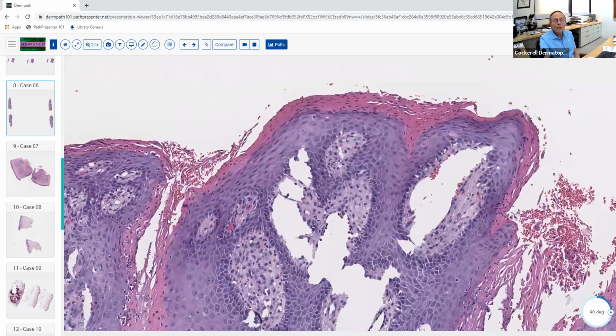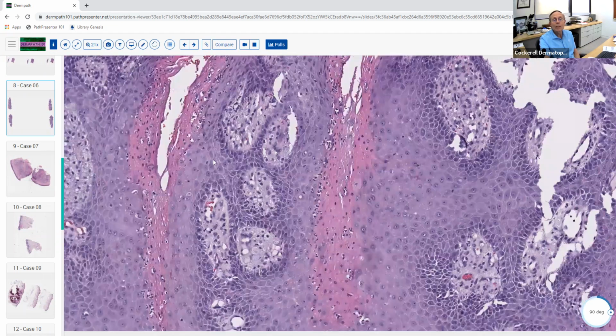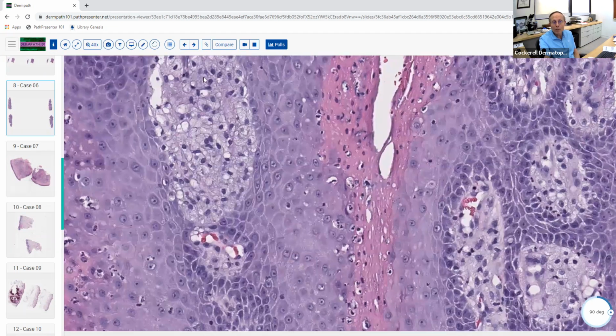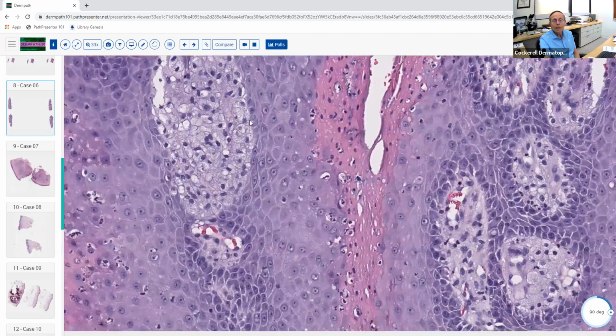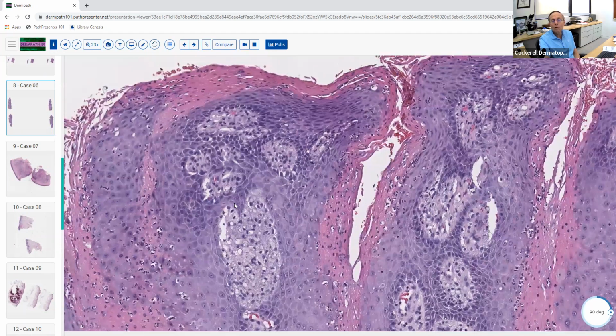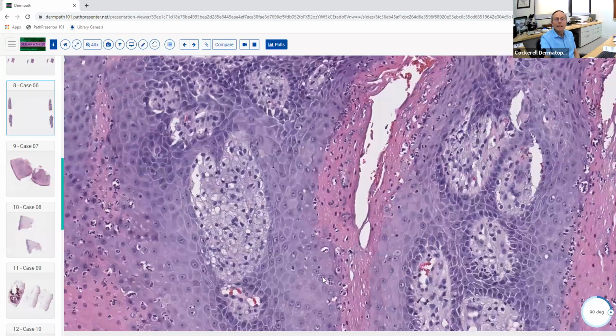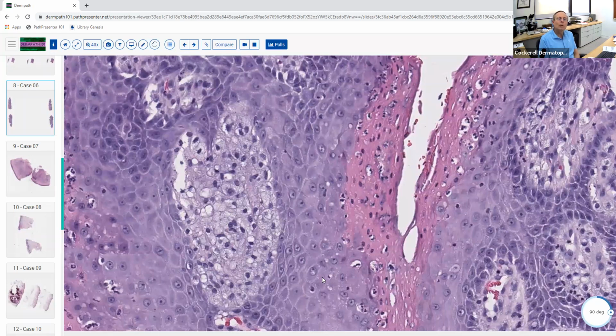And then we look between the epidermal rete ridges here, and you see these xanthoma cells once again. And this is a so-called verruciform xanthoma. We think what's going on here is it's probably not really and truly a xanthoma itself. It's probably some kind of reactive process, maybe related to trauma or something like that.